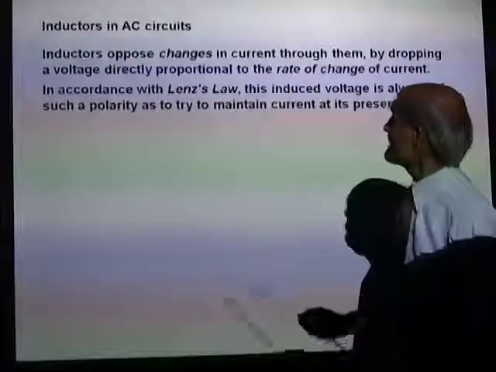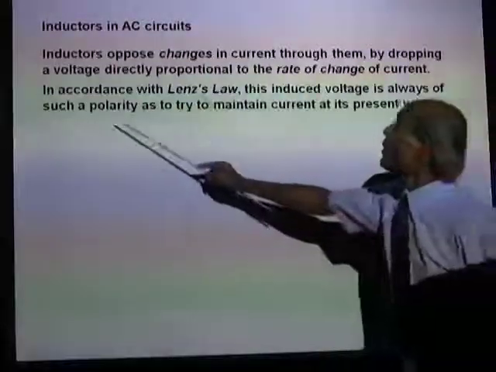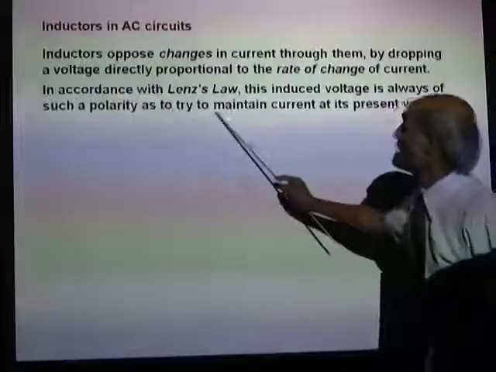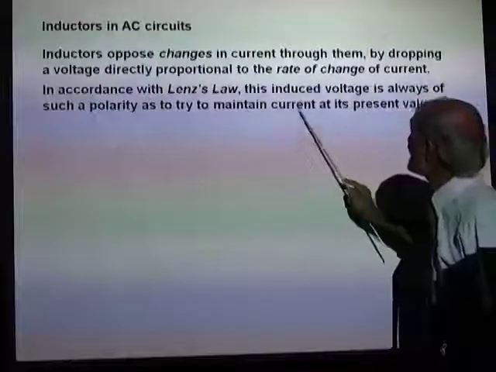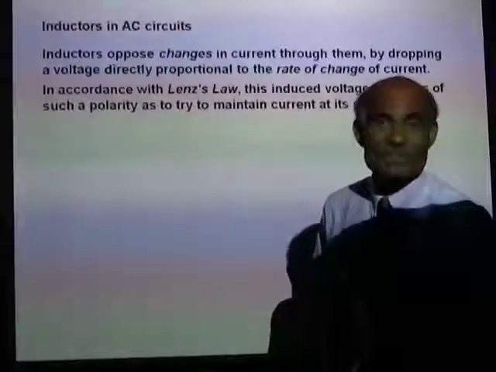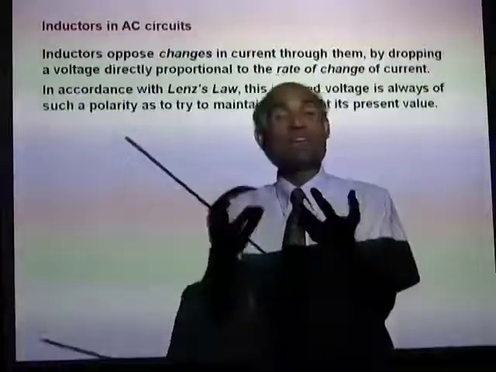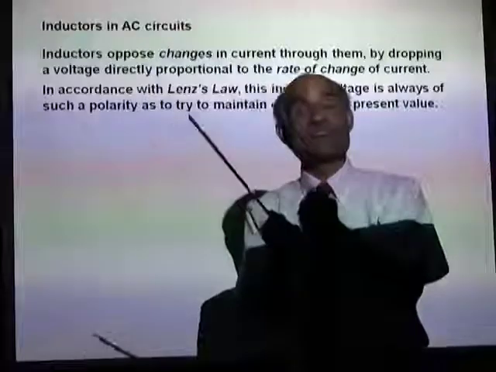Now, in accordance with Lenz's law, this induced voltage is always of such a polarity as to maintain a current at its present value. The tendency of the inductor is to maintain the current at the present value.